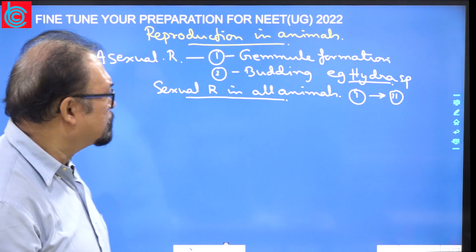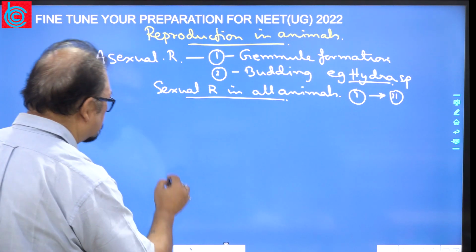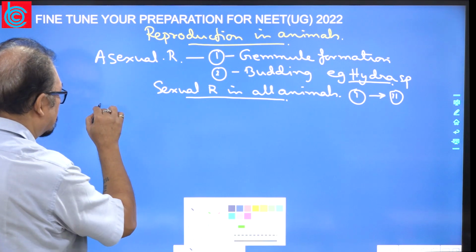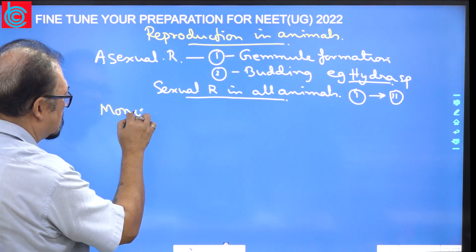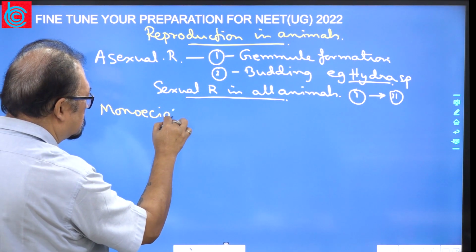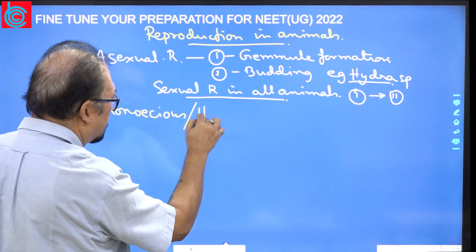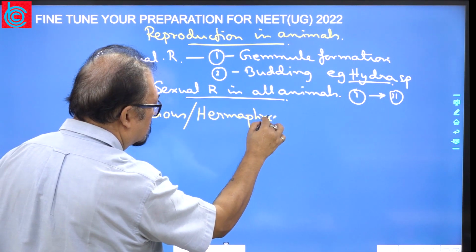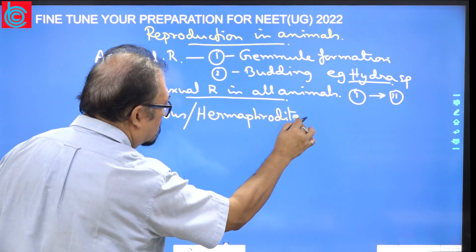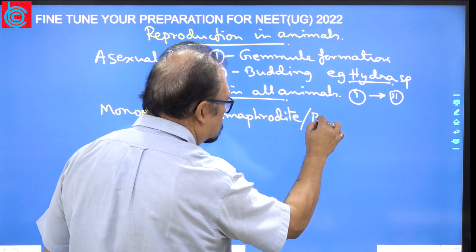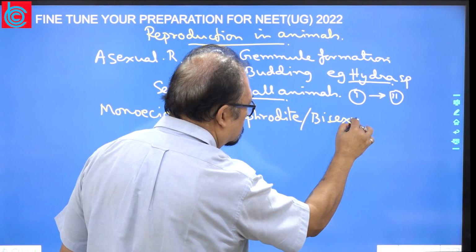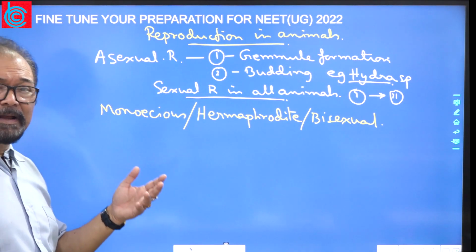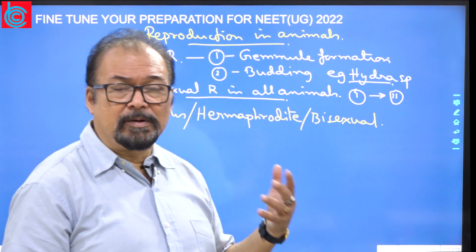Two terms are used. Monoecious, hermaphrodite, bisexual. Some of the animals are bisexual, they are hermaphrodites.